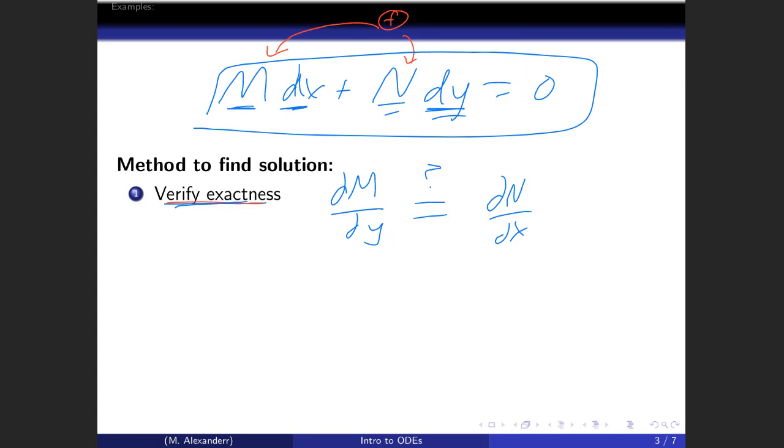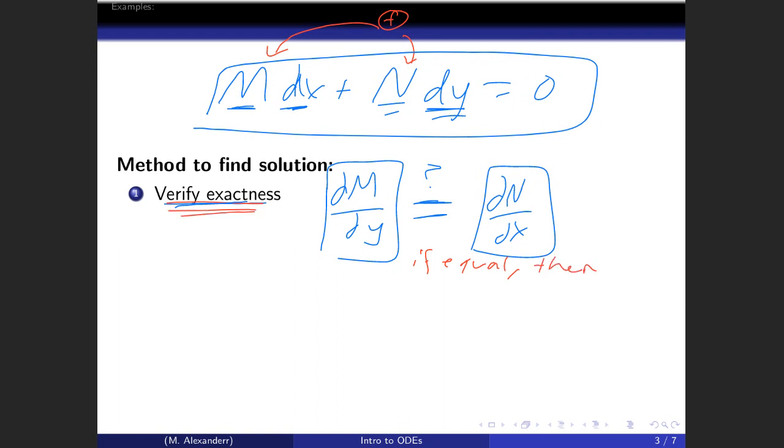If they are equal to each other, then we say that the equation is exact. So if equal, then the ODE is exact.